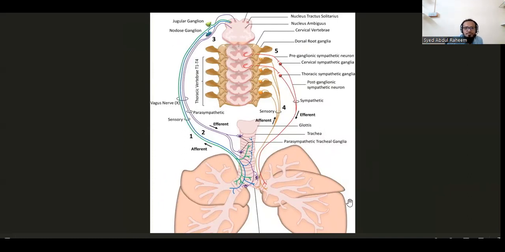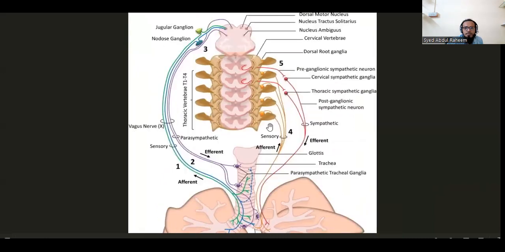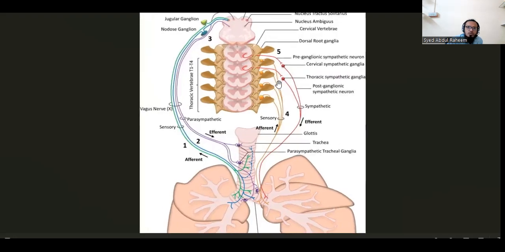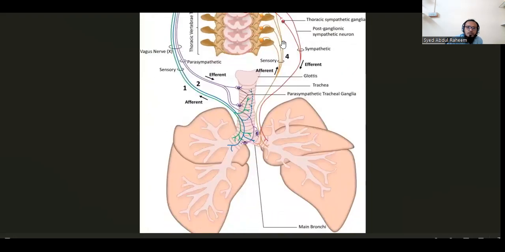This is the brain part, mostly the occipital area, and here we have the ganglion. From the ganglion we have the vagus nerve. Both efferent and afferent nerves are there, so this area you can apply.